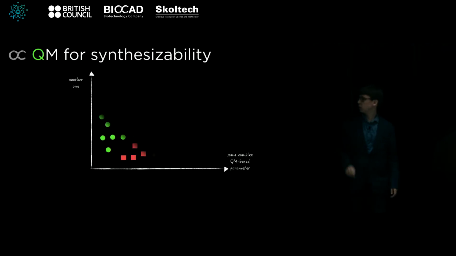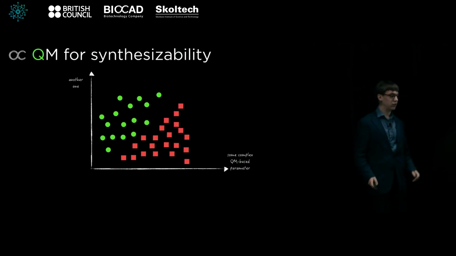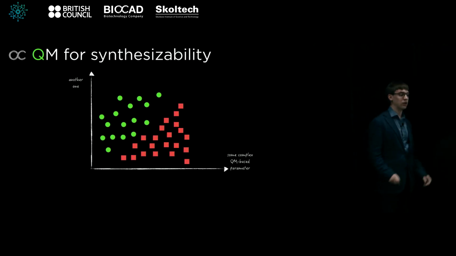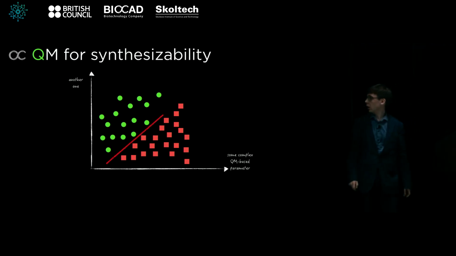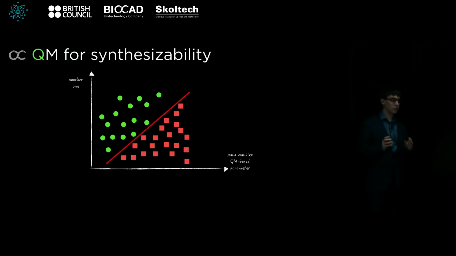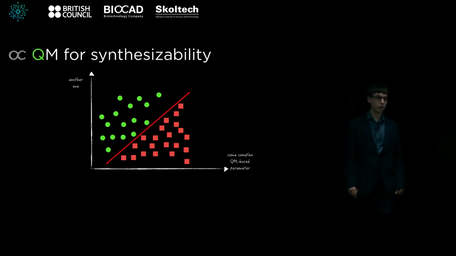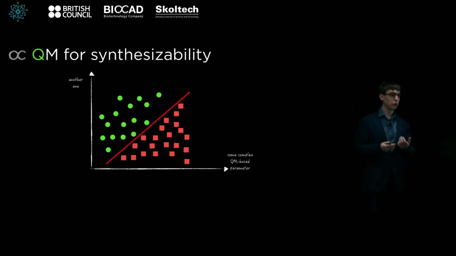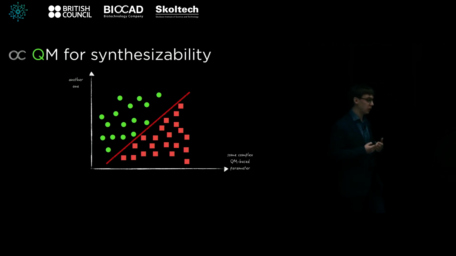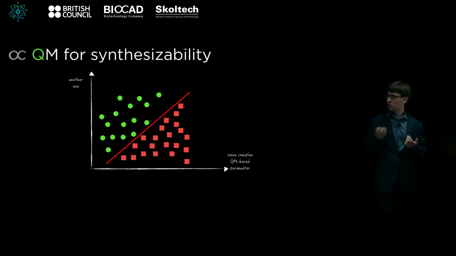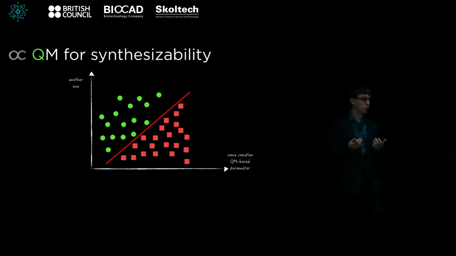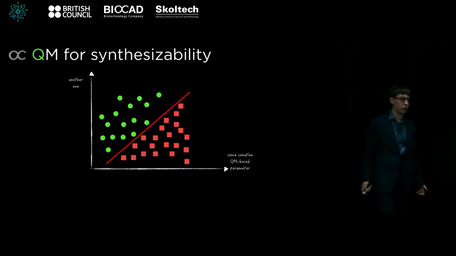If we obtain a big data set with known synthesizability, we can construct a machine learning algorithm that will separate these molecules and generate some simple rules that would be physics-based and not knowledge-based, and this is the approach we are using in our generator now.